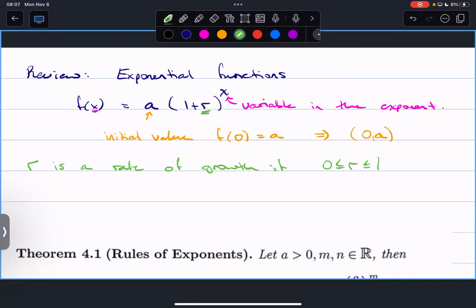It's usually given as a percentage, like 7% per year or something like that. But we convert that to a decimal, because for math, we have to work with the decimal or the proportion. And so, or decay.